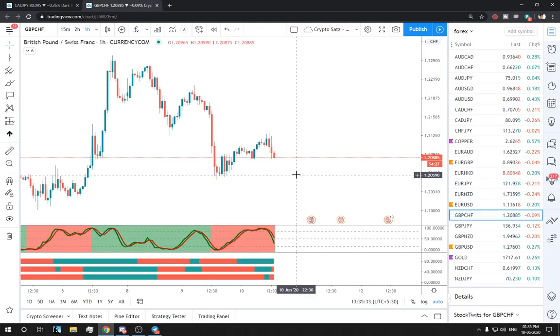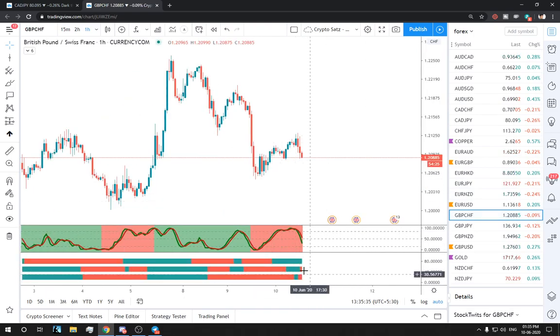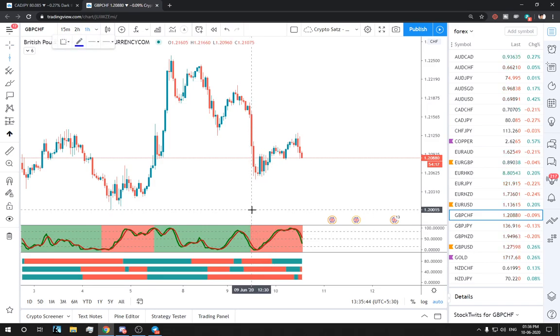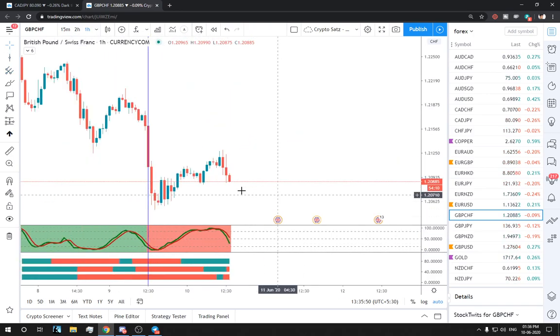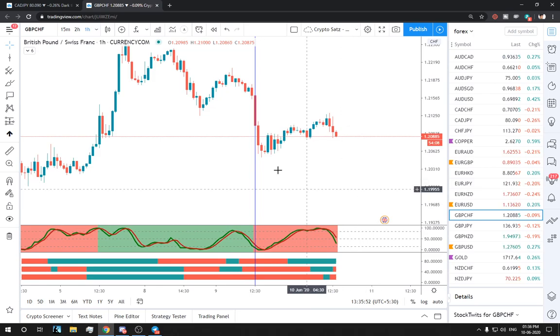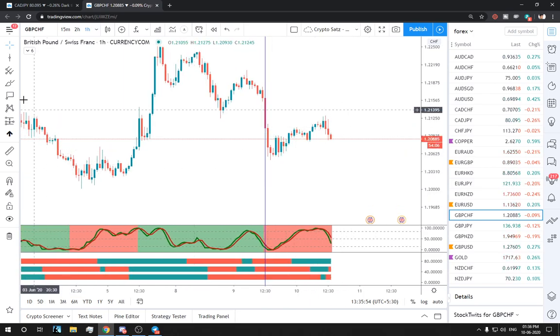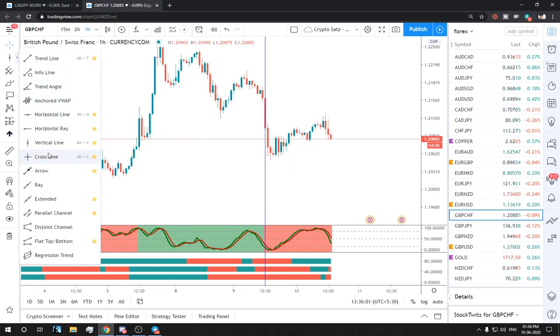So GBP CHF, we are getting a short signal very soon, but you must be already short because we had a signal yesterday itself if you are using these indicators and this strategy. So we have a short over here, and this was a flag pattern, which is a very good trade, and I'm going to take this trade now, measuring the targets.